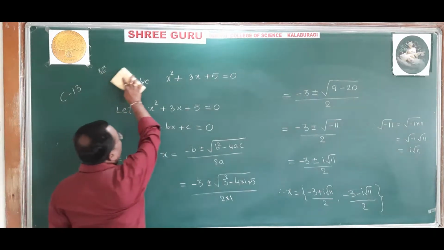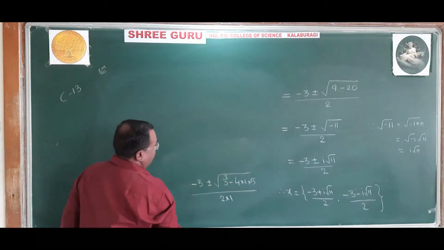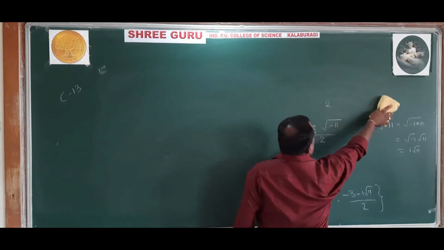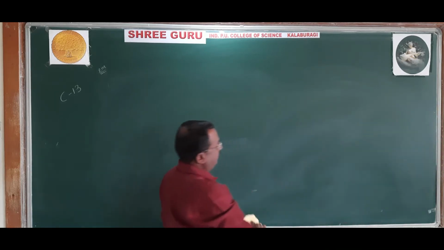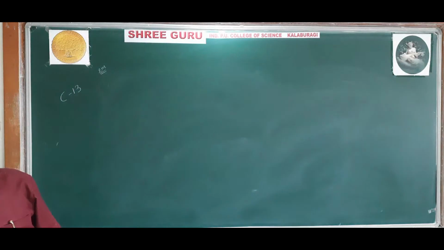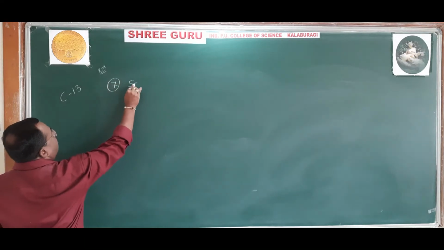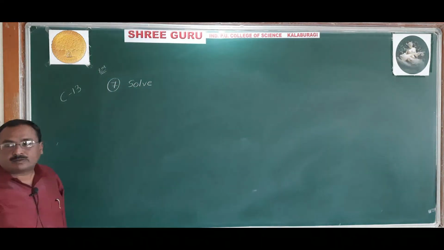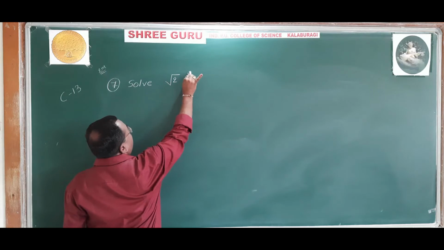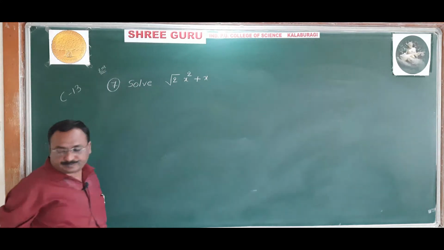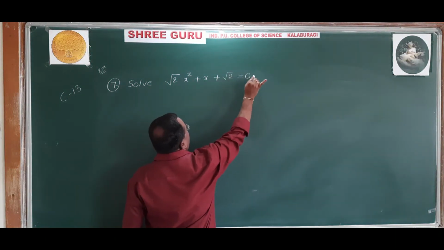Next, example number 7. Solve that is root 2 x square plus x plus root 2 is equal to 0.